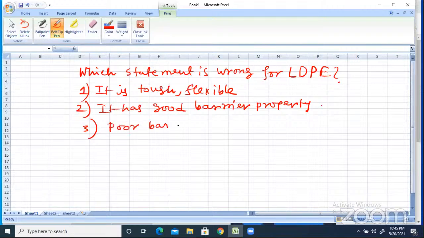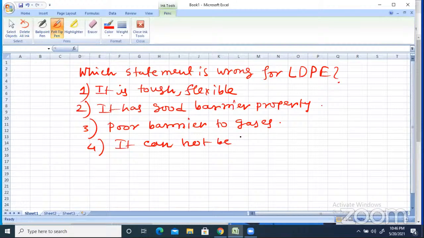Number four, it cannot be heat sealed. Sir, one. C, poor barrier to gases.